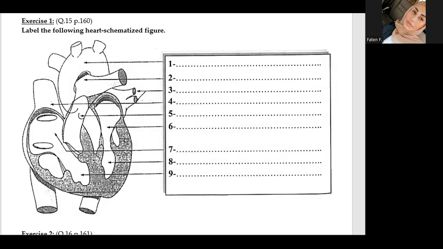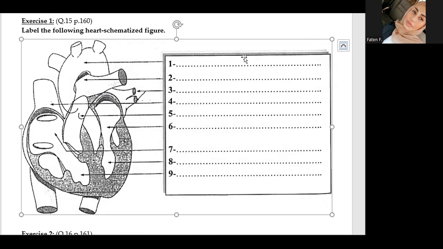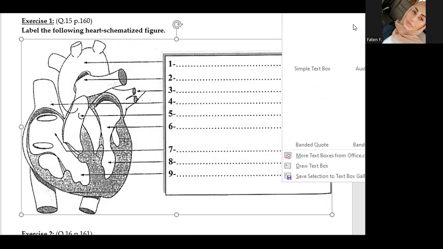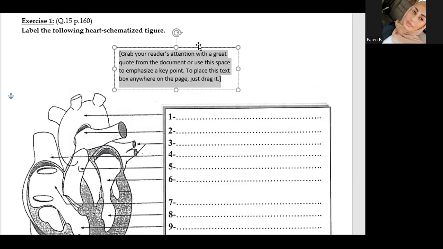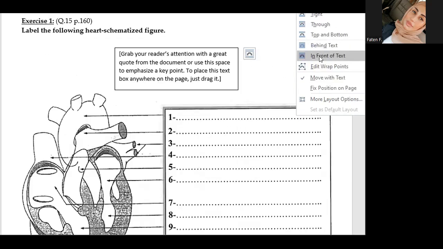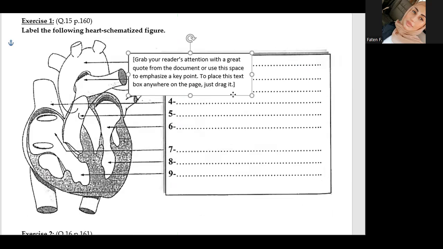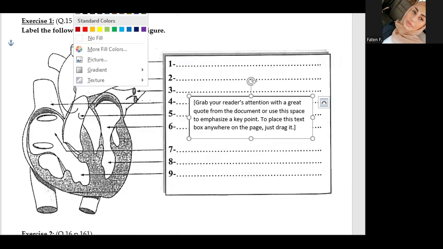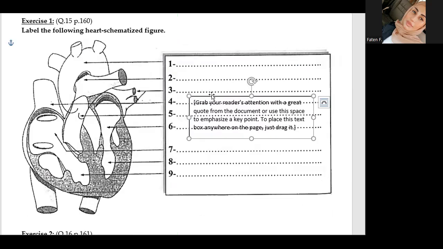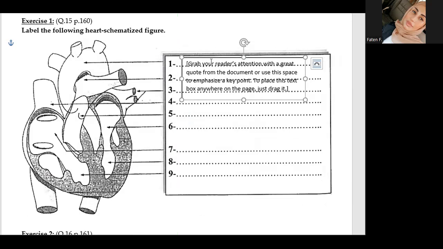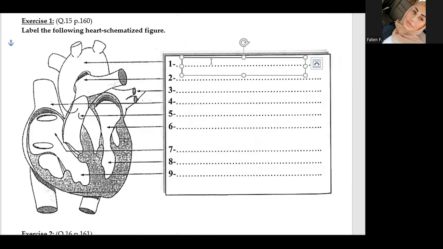In the first question, we will need to label the heart. Let's start with the first element, this big blood vessel.